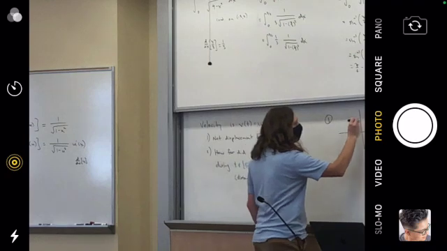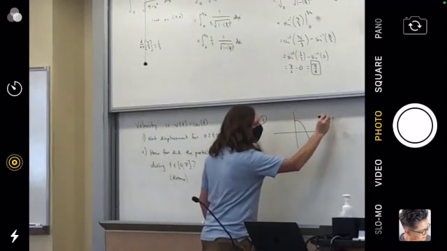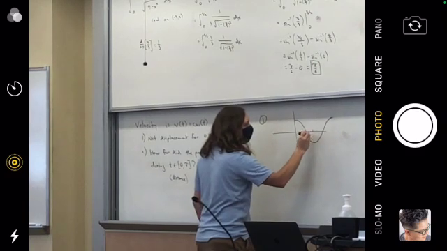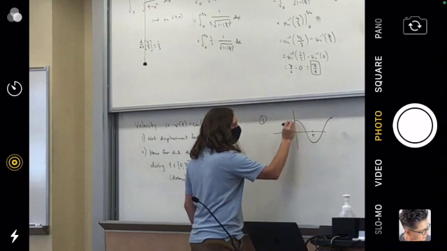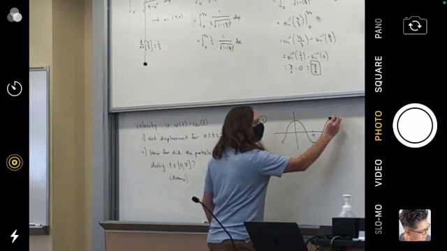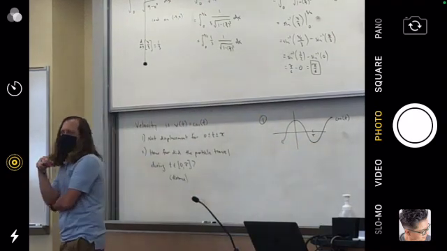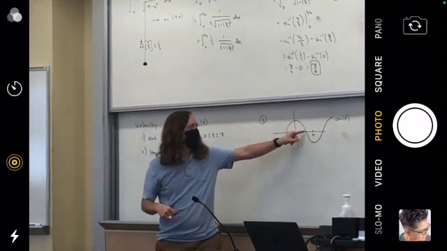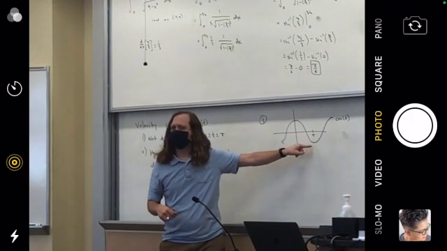Cosine of t looks like this. So this says I'm moving forwards. I stop because my velocity is 0, and then I move backwards.